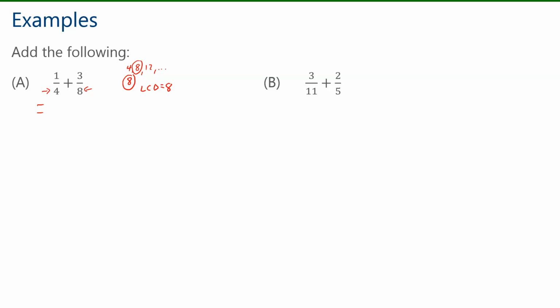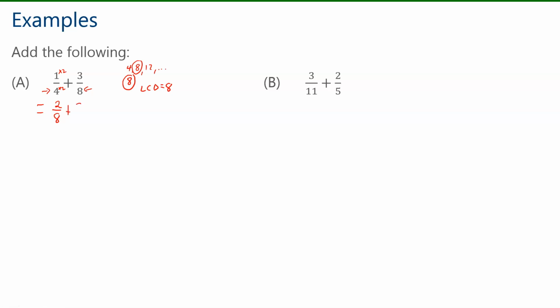So I go back to my calculation and I need to write an equivalent fraction for 1/4 with a denominator of 8. Well, 4 times what gives me 8? That would be a 2. So I multiply my numerator by 2, and 1 times 2 is 2. So 1/4 is equivalent to 2/8.